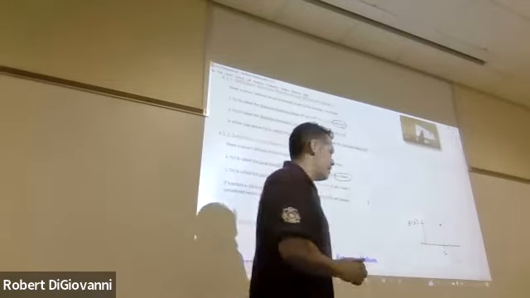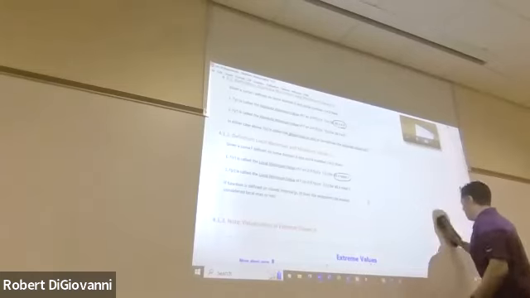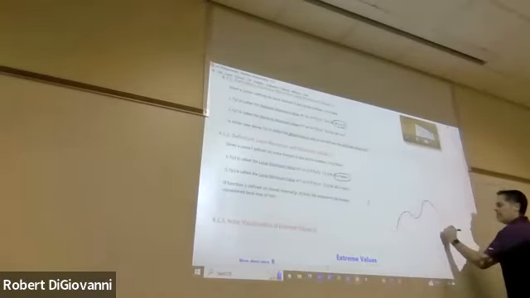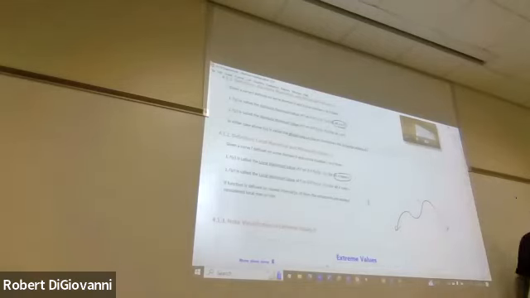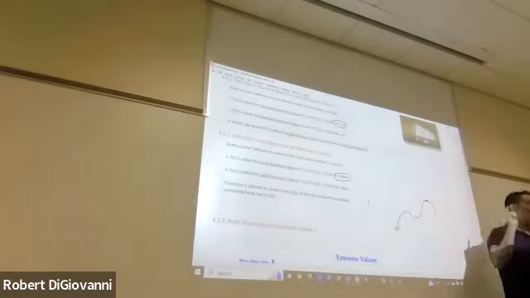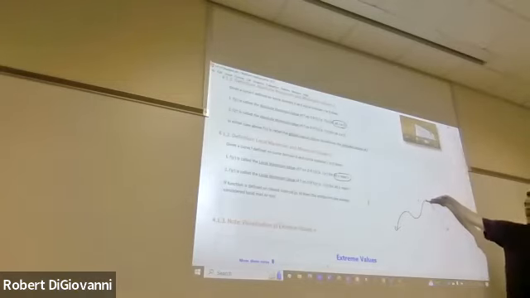So the way I like to think about this is that if you have a graph that looks like this, we're going to do examples. You have a graph that does that. This point right here, the y value of that point is the absolute maximum value. There's no points higher than this one.